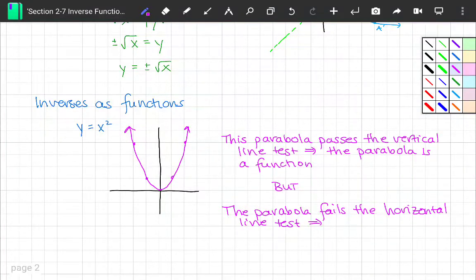And that means its inverse is not a function.